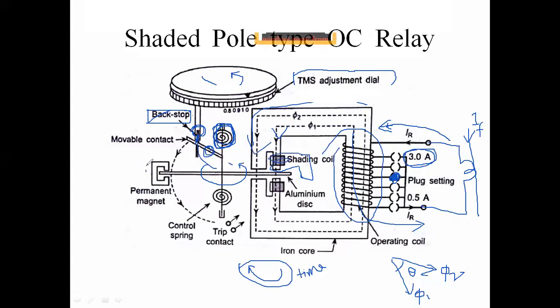Here we also have a permanent magnet which produces the damping torque, T damping. The restraining torque is produced by the spring, and the operating torque is produced by the operating current passing through the operating coil. After this complete operation, when the operating torque becomes higher than the restraining torque, the relay will operate.